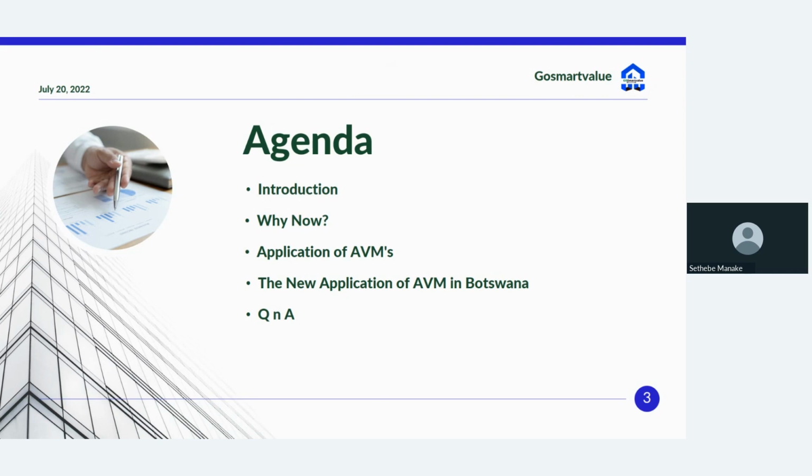Then I'm going to go into why we are talking about automated valuations now, their essence, where they're being applied, and why it is important for us to be thinking about and using them at this point. Then I'm going to talk about the application of automated valuation models across different types of uses, how we would be applying them here in Botswana, and their relevance, and then we'll open for Q&A.